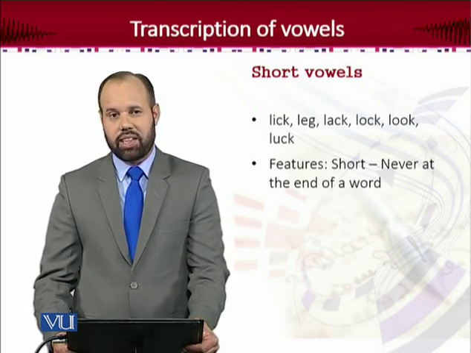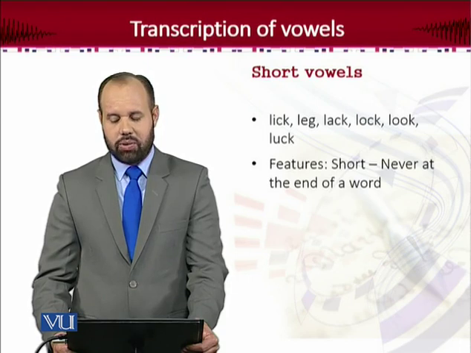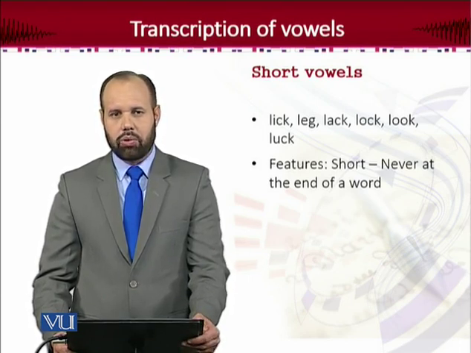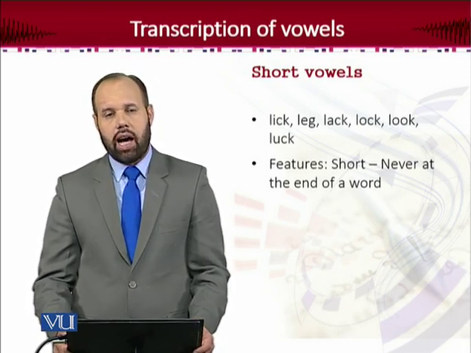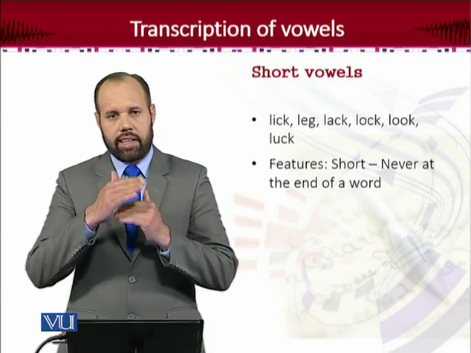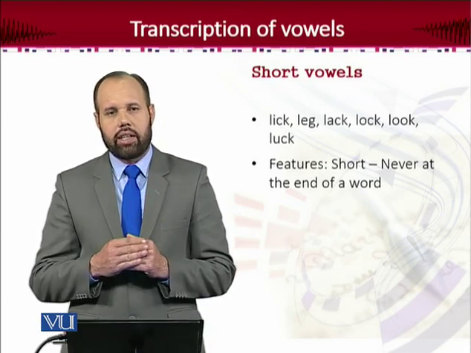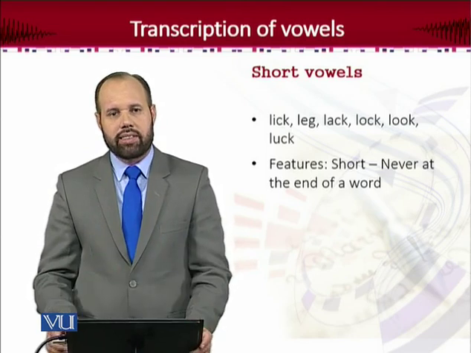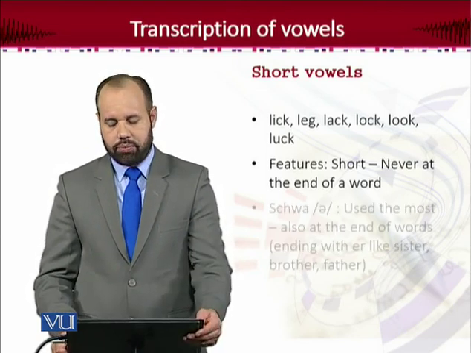That's a secret for transcription: never put a short vowel at the end of a word. And when you consider acoustic features, the short vowels maintain a very short duration. So these 2 points are important: short vowels are shorter in length, and they do not occur at the end of a word.